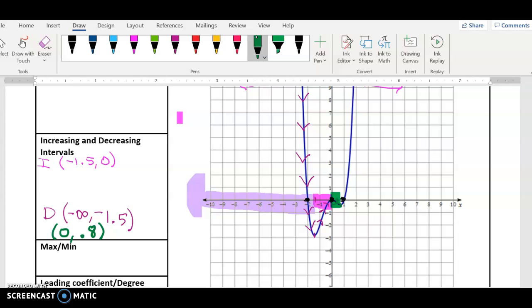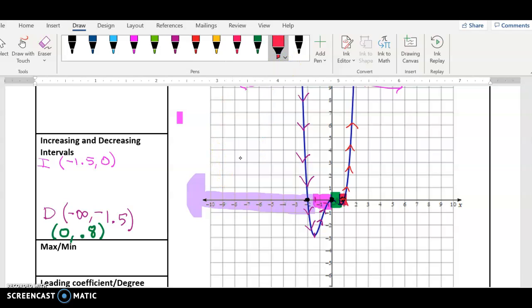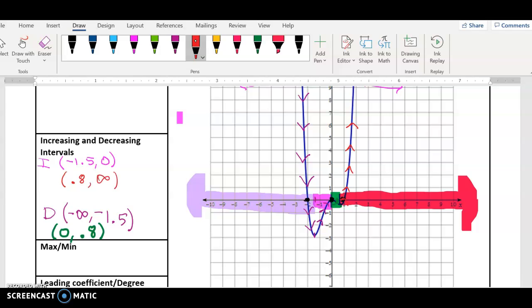Okay, then it starts to increase again. It starts going back up. And our increase is on the interval 0.8 to positive infinity. It's going to use all of those x values. So 0.8 to positive infinity.